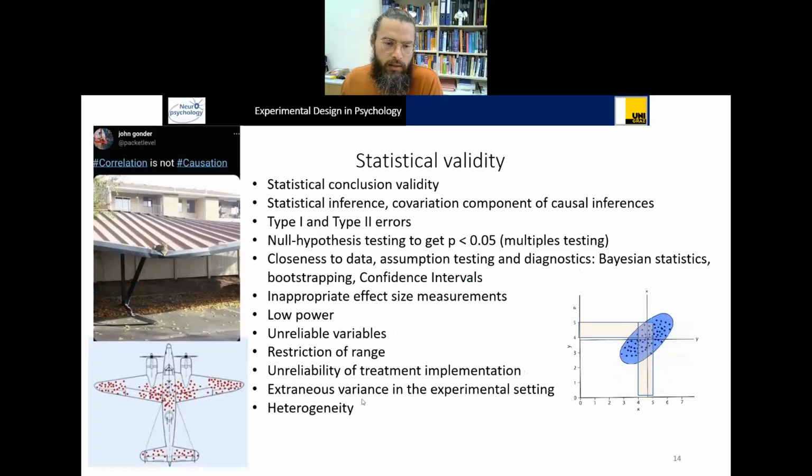And also heterogeneity within your groups. It's not an empty exercise in statistics to define inclusion and exclusion criteria when defining your experimental participants.